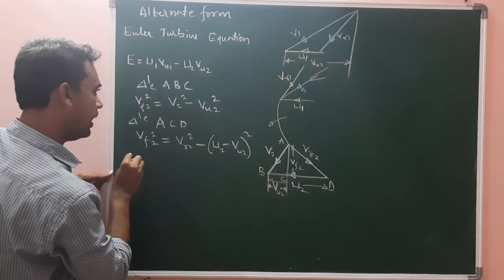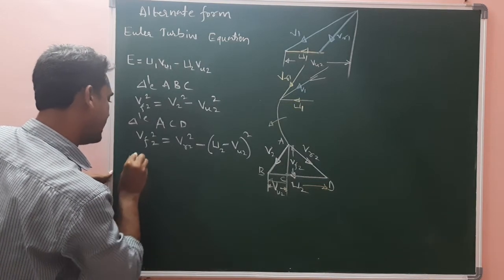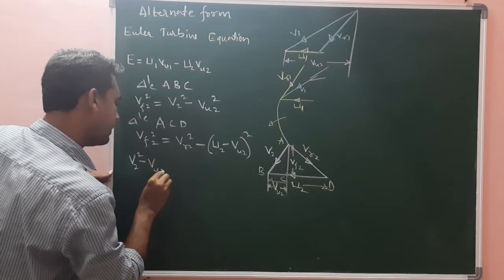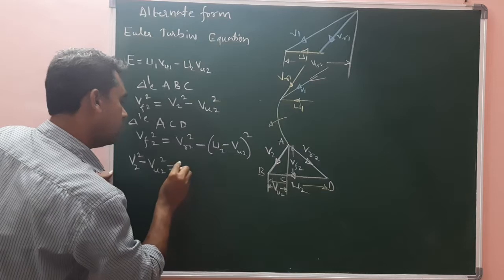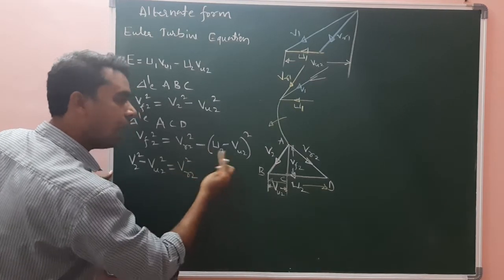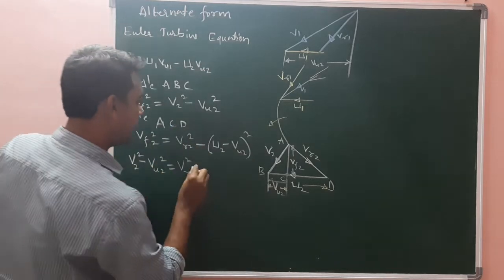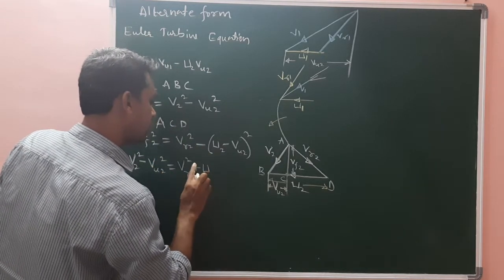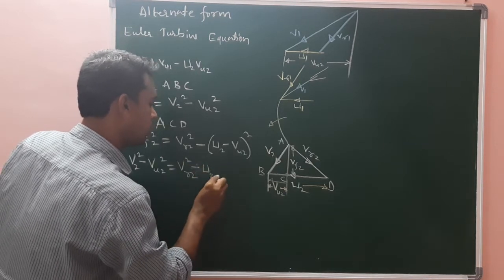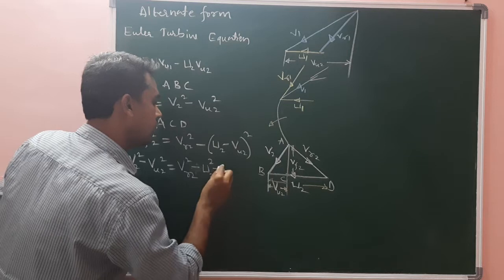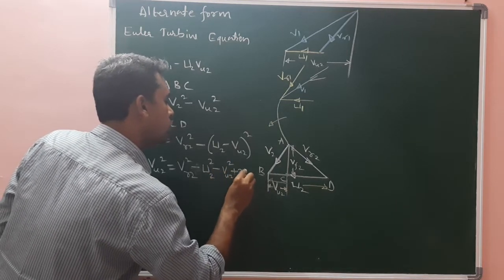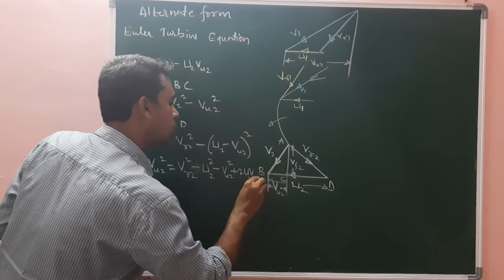Therefore, the LHS are the same, so V2 square minus Vu2 square is equal to Vr2 square minus (U2 minus Vu2) square. I will simplify this and take it out of the bracket: V2 square minus Vu2 square equals Vr2 square minus U2 square minus Vu2 square plus 2 U2 Vu2.